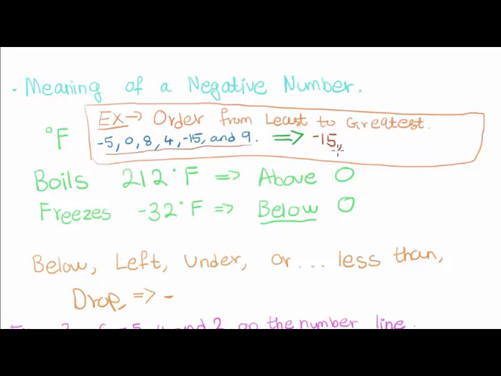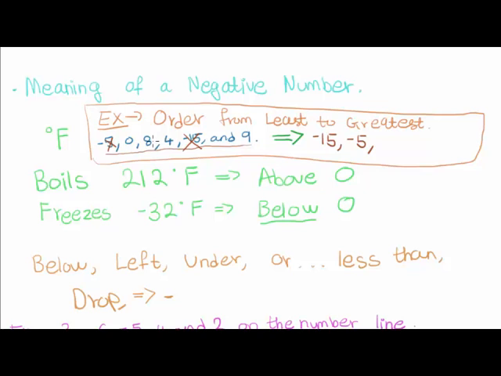So that's the least number. So -15. Once we're done with that, we can cross it out. The next biggest number, and basically the only negative number left in our set, is -5. And then we can cross it out.